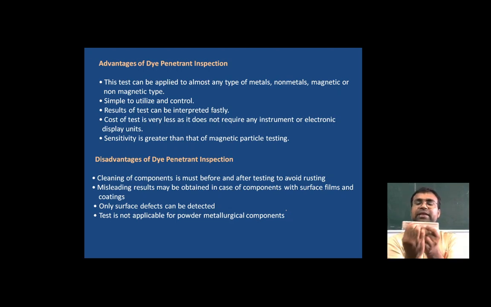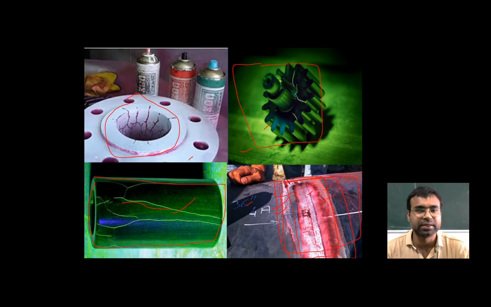It only checks flaws that are open to the upper surface of the material. It is only when a flaw is at a corner that we can identify it very easily, as shown in the figure.